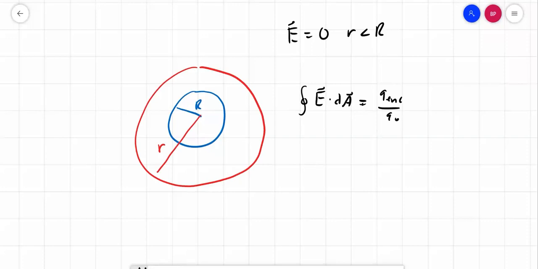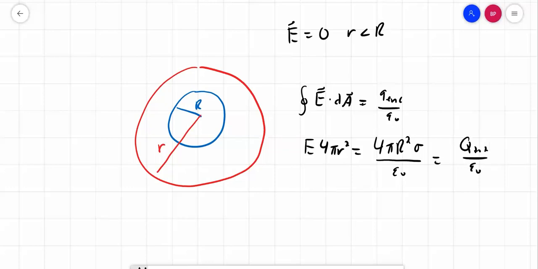So once again, because of the symmetry, this is just the magnitude of the electric field times the area. And this time I have enclosed some charge. So how much charge have I enclosed? All of it. All of the charge is on the surface of the sphere, and I'm outside of there. So I could either find that by multiplying the area of this sphere by sigma, divided by epsilon naught, or I could call this the total charge.